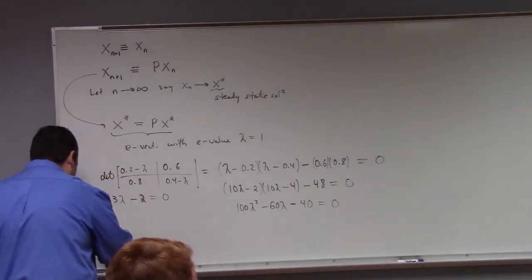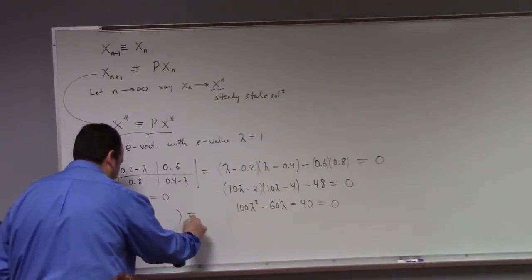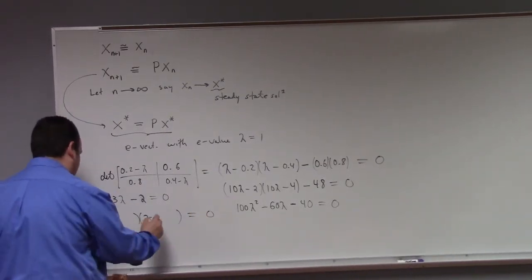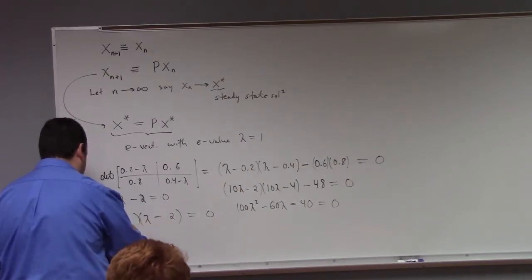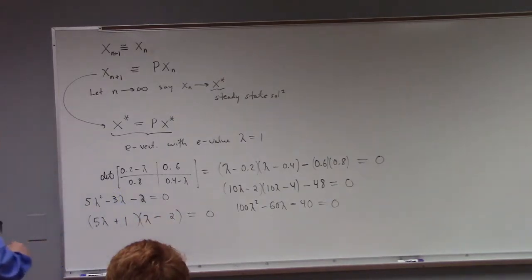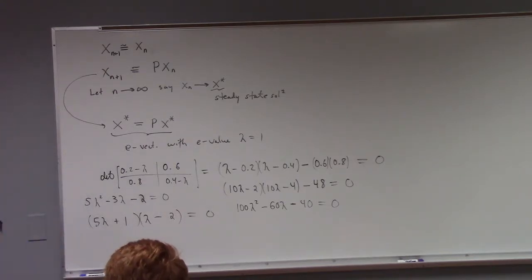So what is it, 5 lambda times what? If I put a 2 over here and a plus 1 here, that doesn't work. I got to switch to the 2 and the 1. No, that doesn't work. How do I get a 3?